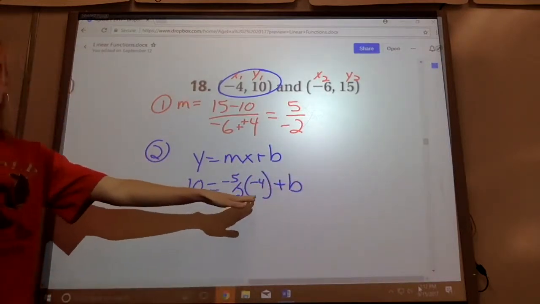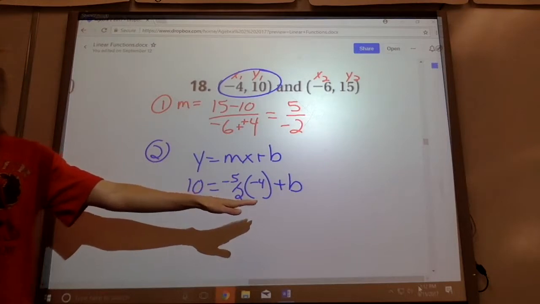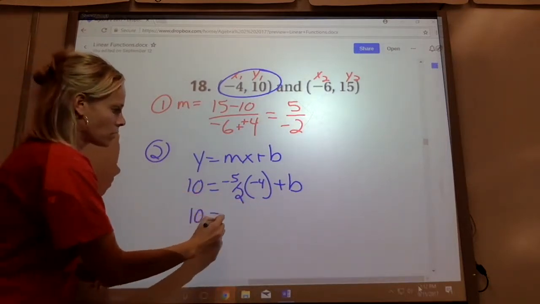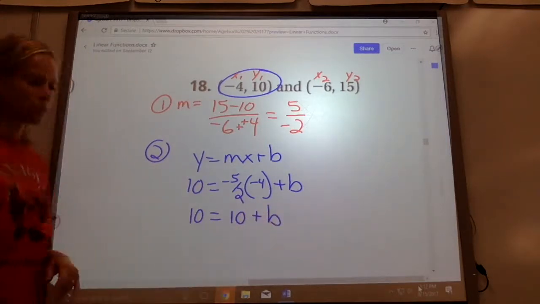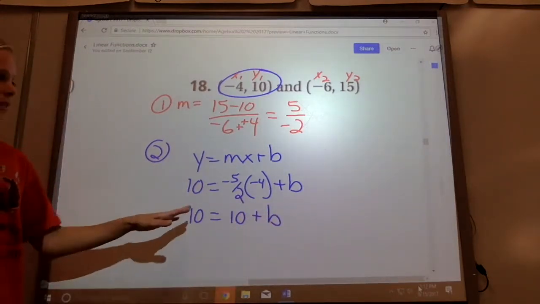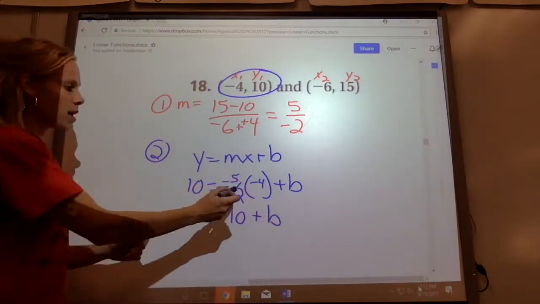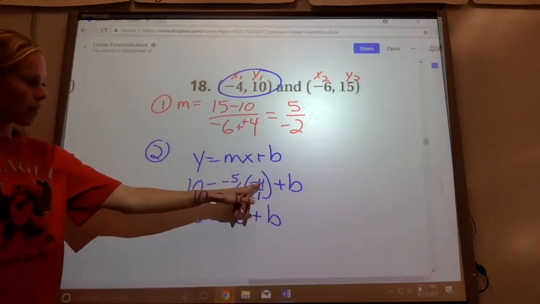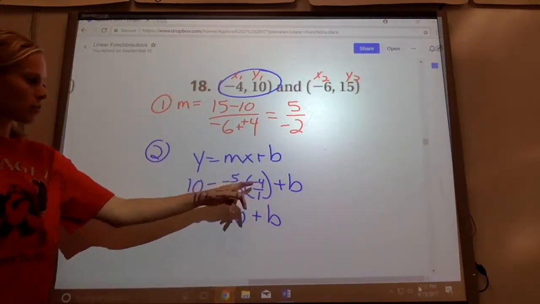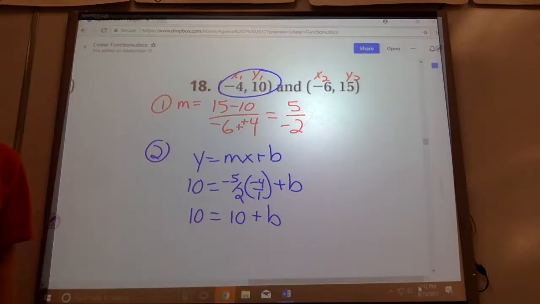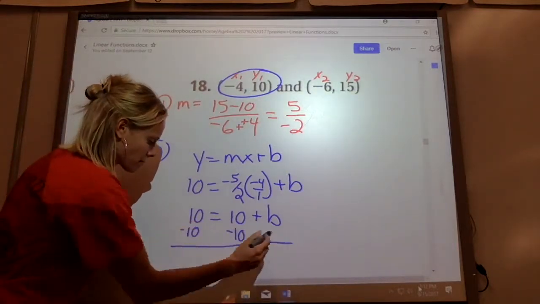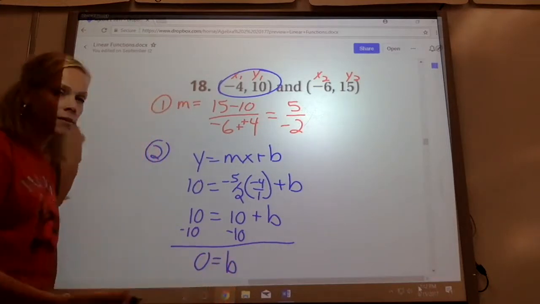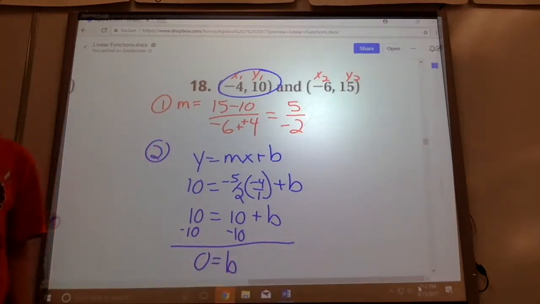And this is where you maybe want to use your graphing calculator again. That's fine. You should get 20 halves, which is 10. Multiply tops, multiply bottoms, 20 halves is 10. Subtract 10, and what happens to my b? It's 0. Right? It's 0.